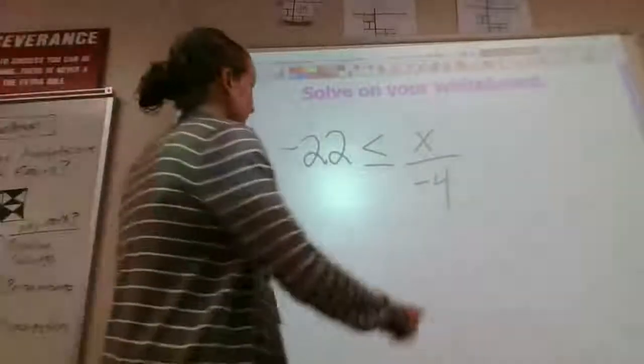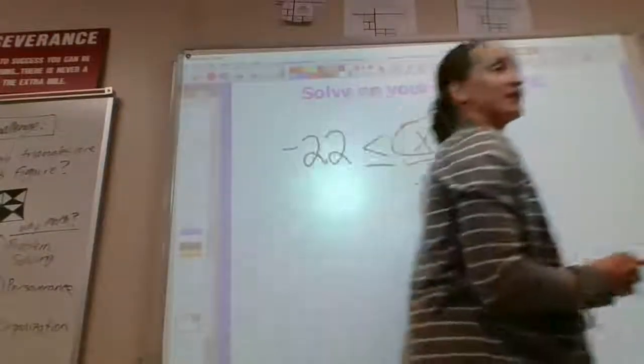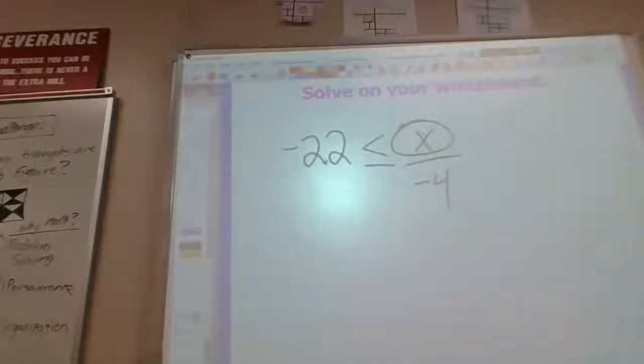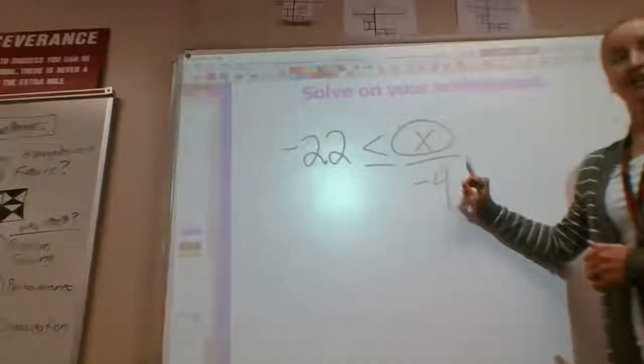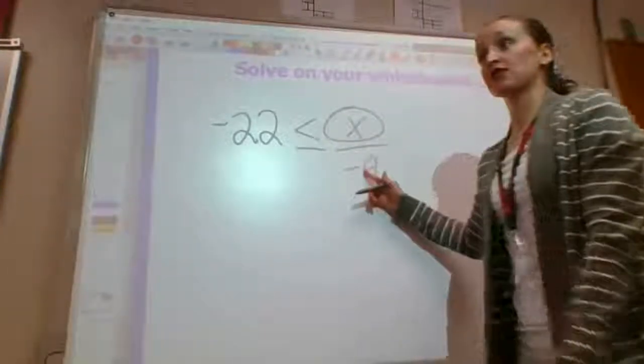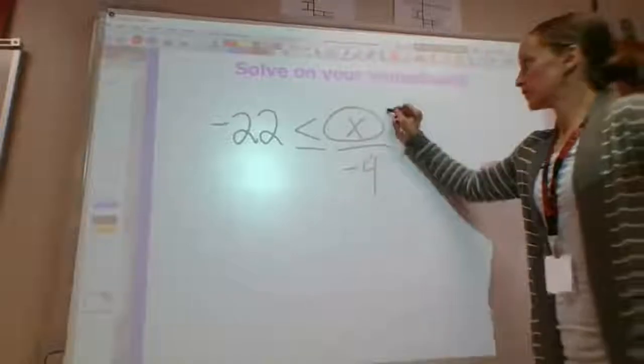Okay, hey, here's the moment of truth. It's not that hard. You do it when you times it by negative 4. Right now, I like that a lot of you guys understand that the opposite of division is multiplication.